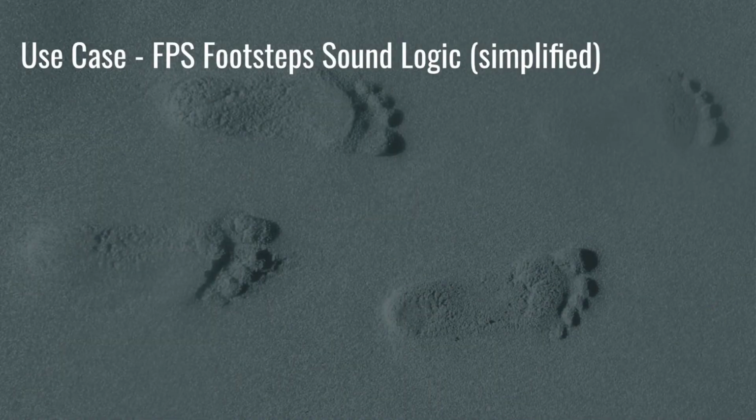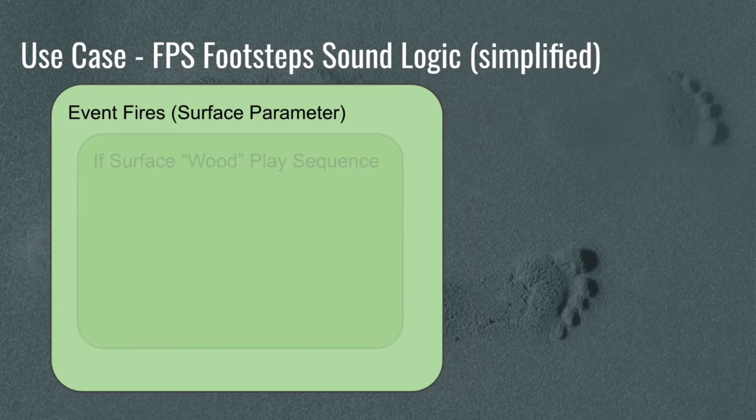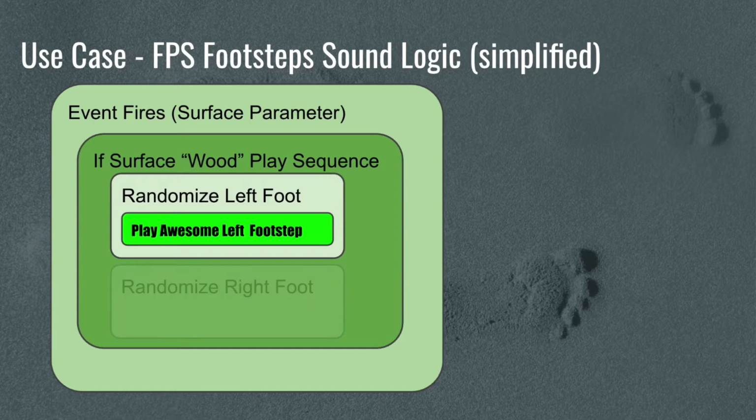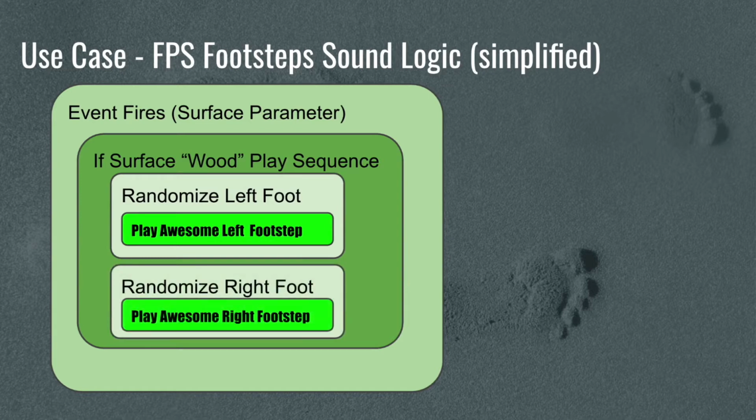The wood event can have a left foot and a right foot, so every time it alternates between left and right. Then you can create randomized steps for each foot.